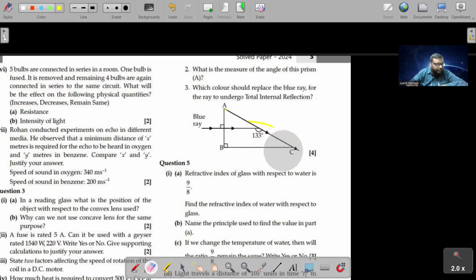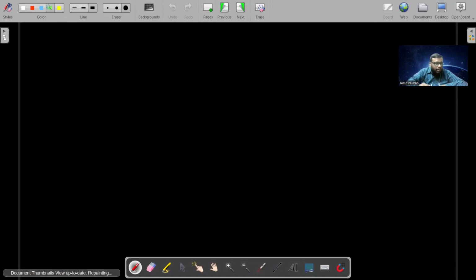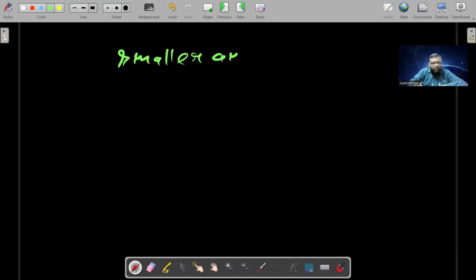And students, this 133 degree, it is an obtuse angle because it is greater than 90 degree. And students, in optics, we always use a smaller angle between the two lines.